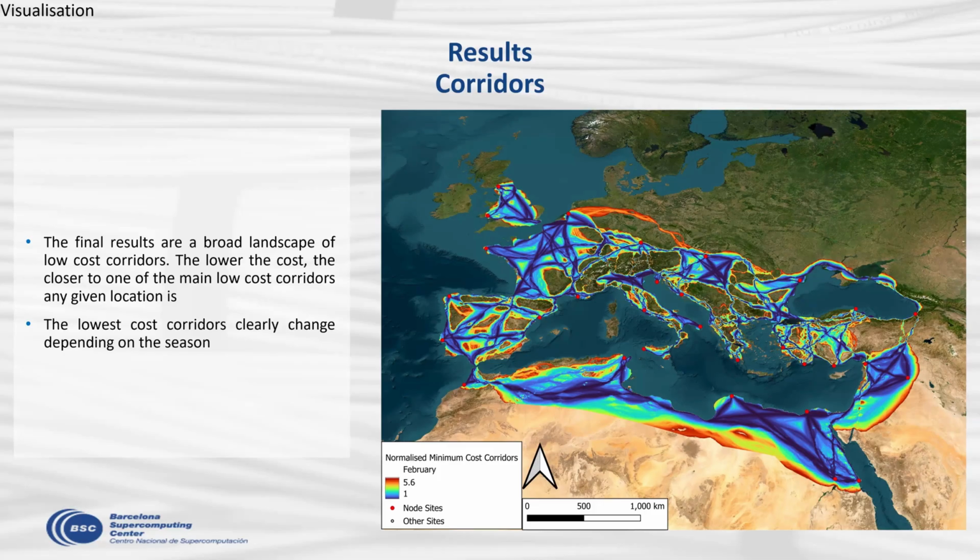Yes, this is a political decision, the war, or a specific resource they were exploiting. Yes, the resources also influence a lot, but if you are interested in this, it's very easy to modify the model, including specific cities or places you want to test.